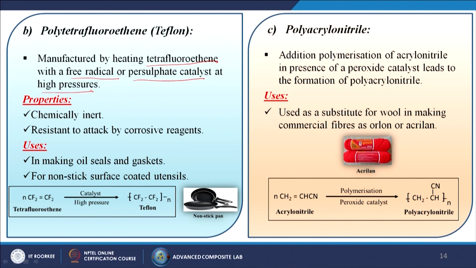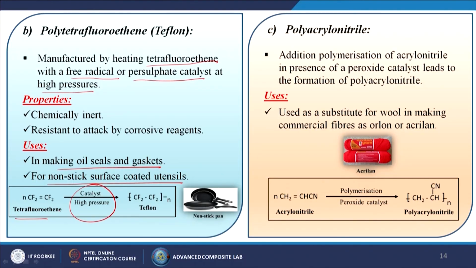Uses: generally we use it for making oil seals and gaskets, and for non-stick coated utensils. Nowadays in our kitchens we are using all non-stick utensils where we use the coating of these Teflon materials. So, tetrafluoroethylene in the presence of catalyst and high pressure we make Teflon, and we use it for the non-stick pan.